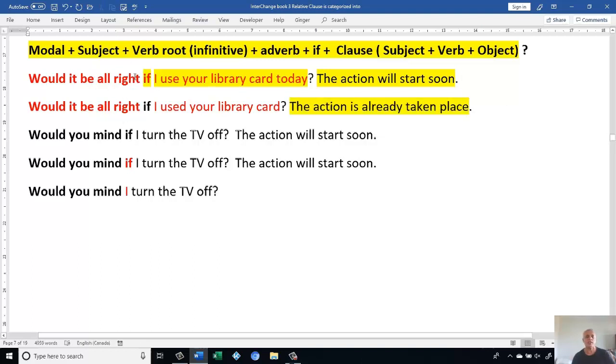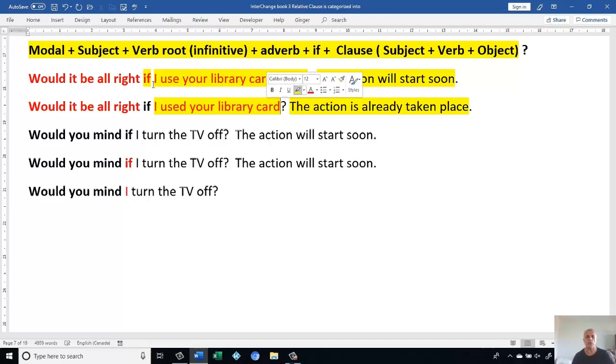If we compare those two sentences, the first part is exactly the same. But if we look at the second clause, we say I use your library card today. It means the person will use it maybe later on. But in the second sentence, I used, it means the person has already used the library card of the other person. Okay, that's the difference between the two when we use use or used.